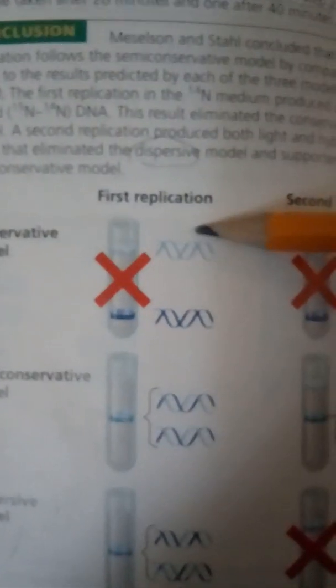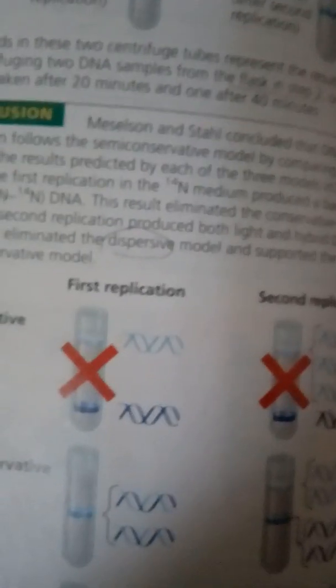Here are the conservative model, with first and second replication, then the semi-conservative model, and the last one, the dispersive model.